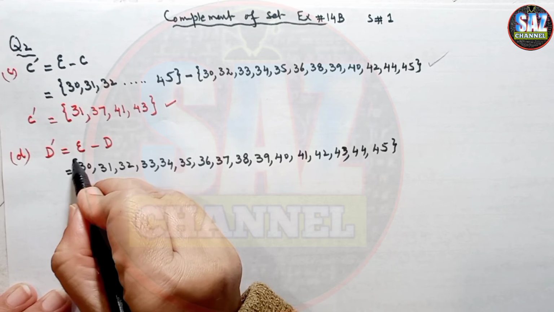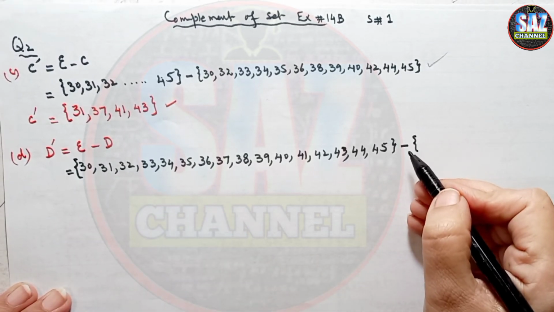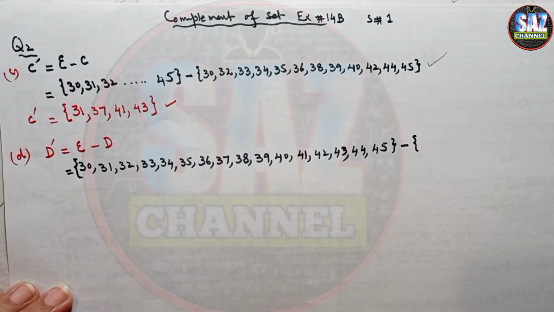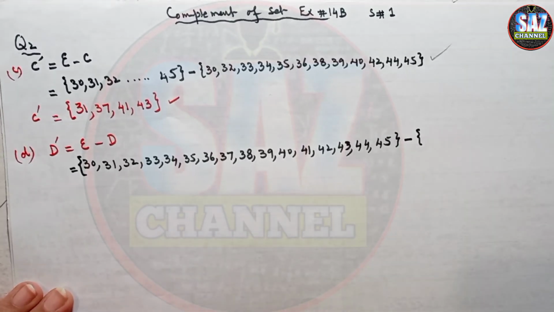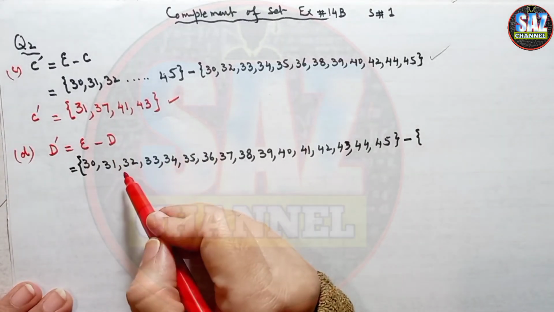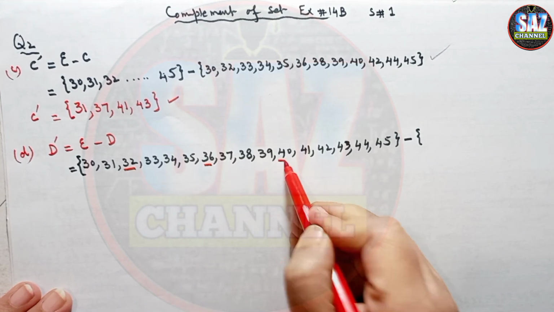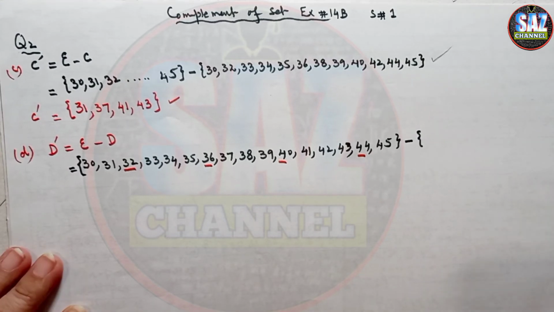And D is the set which is consisting of the multiples of 4. So the multiple of 4 from the universal is, again I have to check it and then I'll confirm it with the previous page. The 4 8s are 32, 4 9s are 36, 4 10s are 40 and 4 11s are 44. So let me once again recheck the elements are correct.